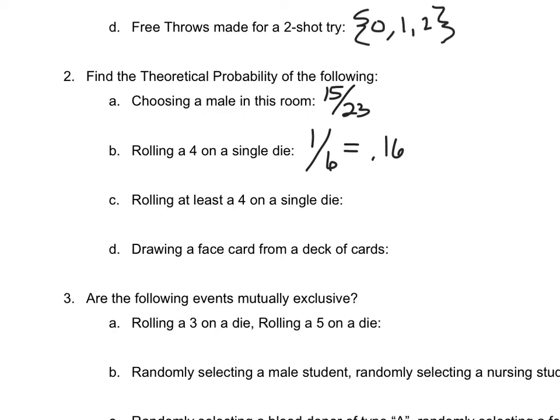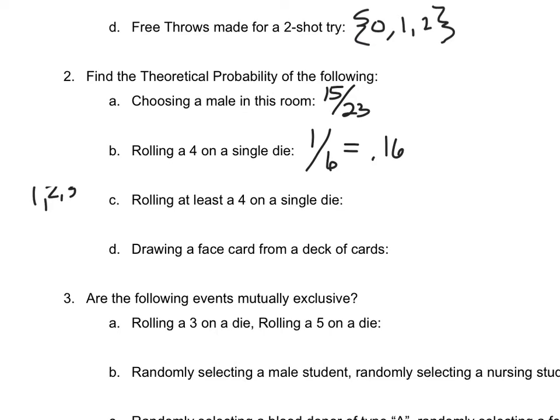Okay, rolling at least a 4 on a single die. At least a 4 means I could roll a 0, or excuse me, not a 0. Can't roll a 0. I could roll a 1, a 2, or a 3. Excuse me, I screwed that up.